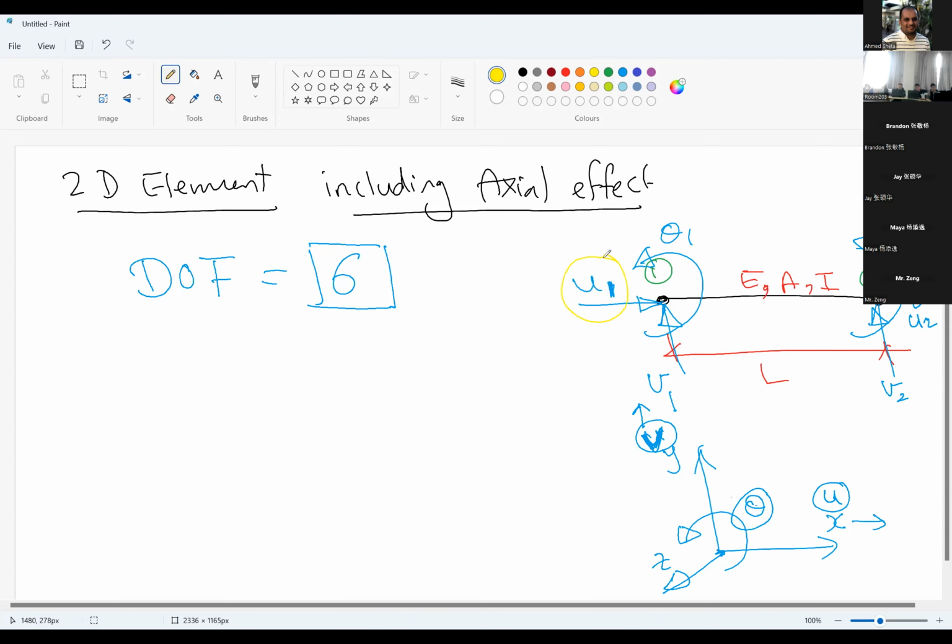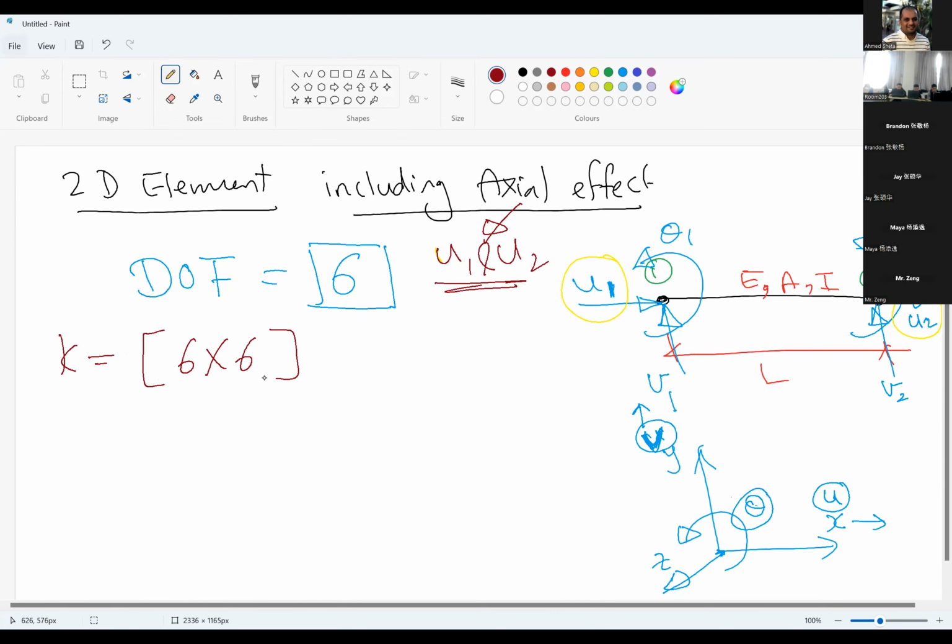What has been added to this element? So in this element, we add U1 and U2, which are the axial effect. That's why the degrees of freedom become 6. And the stiffness matrix of this type of element will be 6 by 6. Okay? Do you have any problem with the 6 by 6 element, where it comes from?